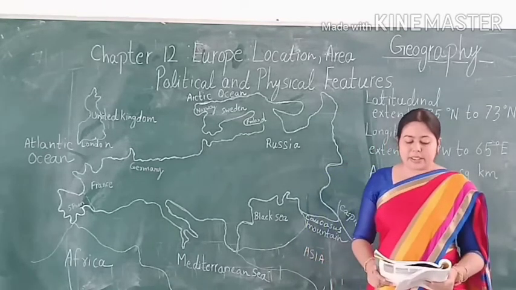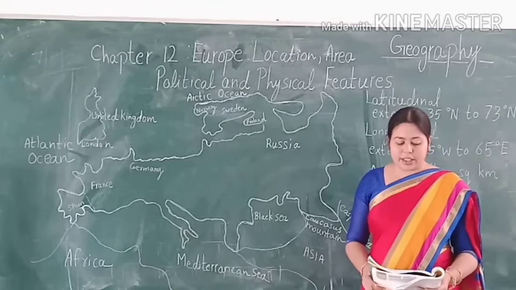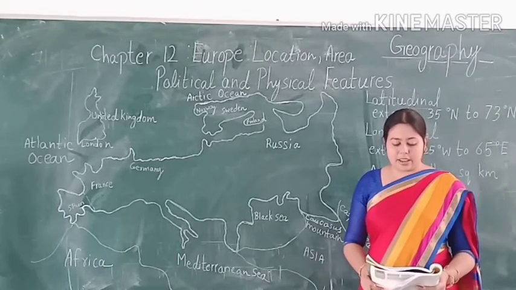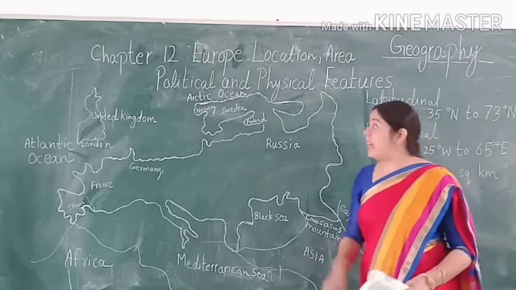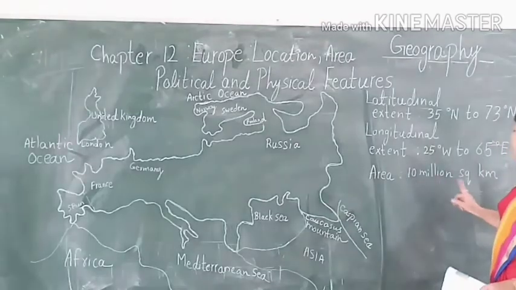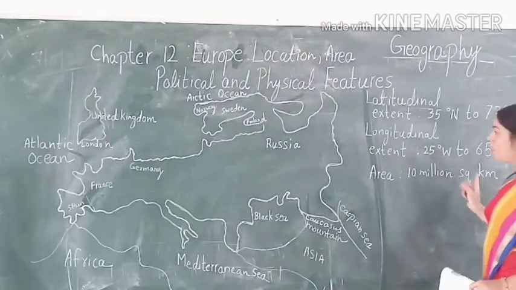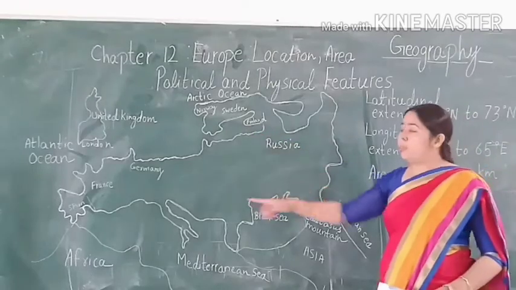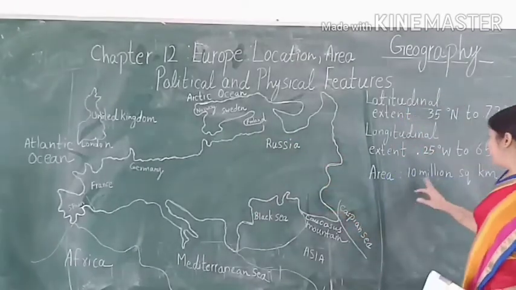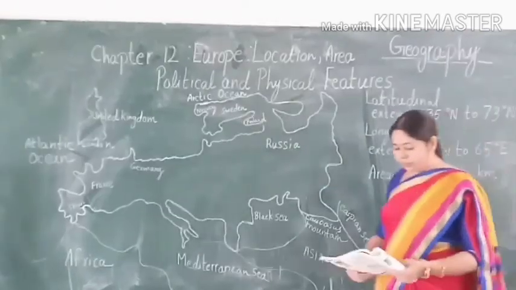It is approximately thrice the size of India and has an area of approximately 10 million square kilometers. What is the area of Europe? It is 10 million square kilometers.